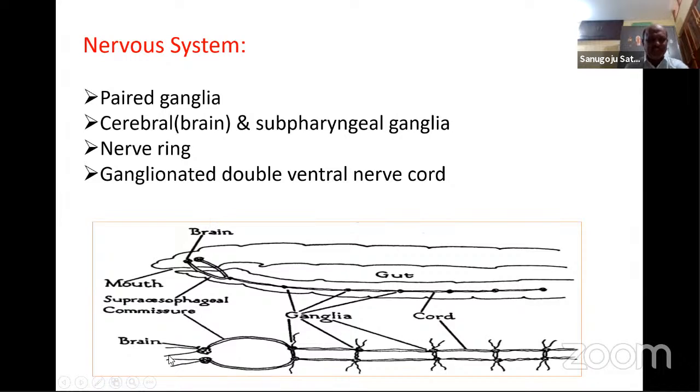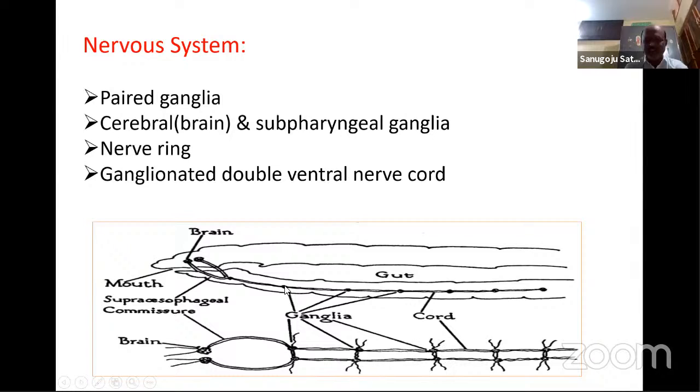Ganglia are nothing but collections of nerve cells. The cerebral ganglia are the brain, present in the subpharyngeal area, with the nerve ring and the ganglionated double ventral nerve cord. Here we see the double ventral nerve cord. It is in the ventral position, not dorsal.